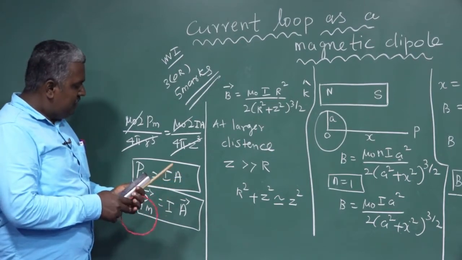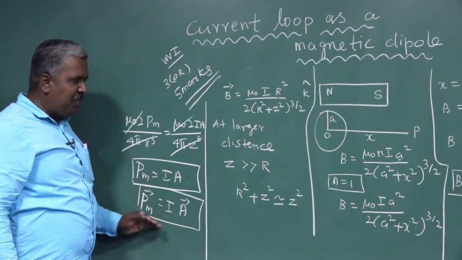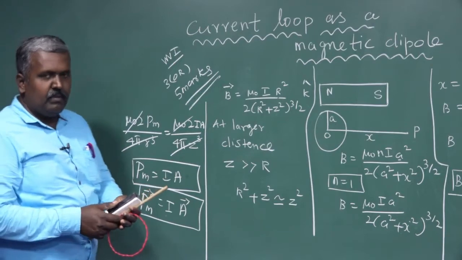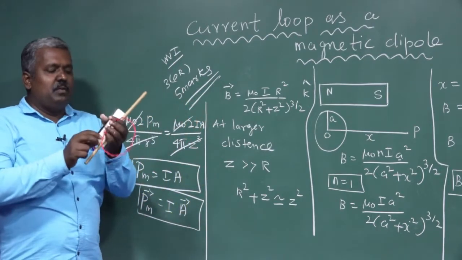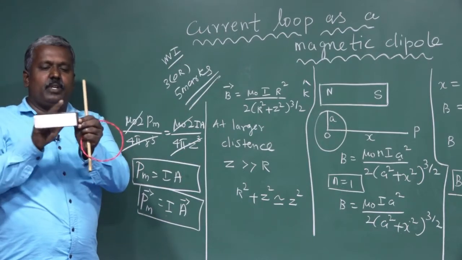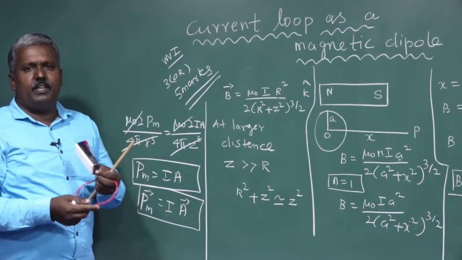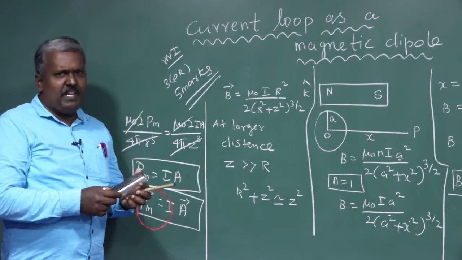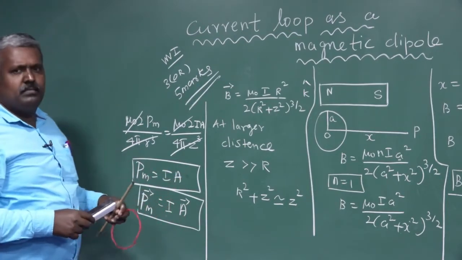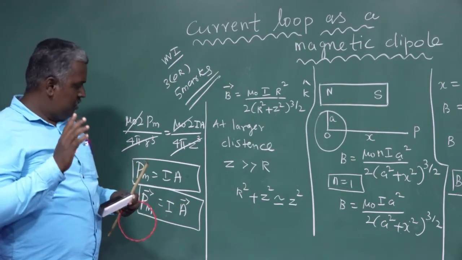From this it implies that a current loop behaves like a bar magnet, with a north pole and a south pole. How, sir? Right, I will explain this very well to you, don't worry.